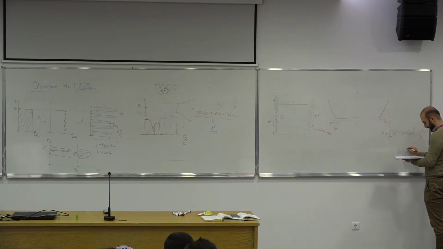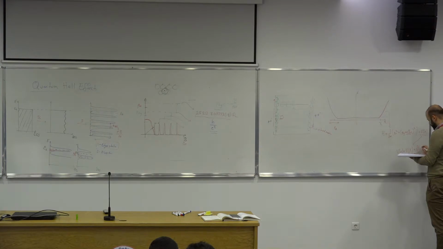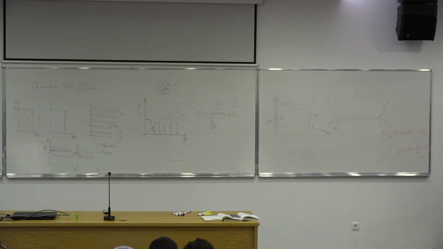So I'm going to have V(X), let's say this is my capital X, plus ∂V/∂x times (x minus X), plus some other terms. Okay, so this is my constant term.